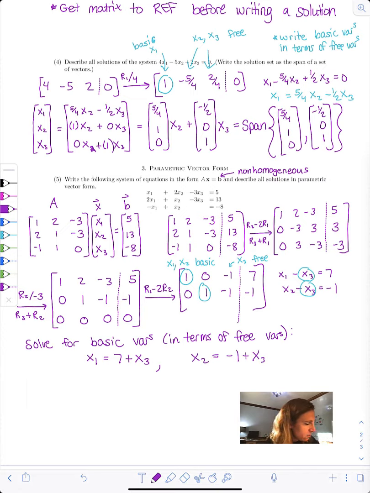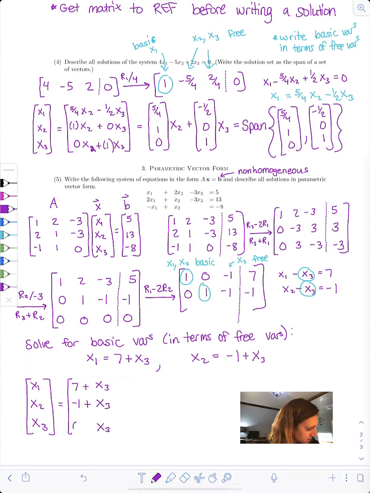So now we're going to do what we did before when we were trying to write our solution as a span. And let's see. So first, x1 is 7 plus x3. x2 is negative 1 plus x3. And then x3 is itself.